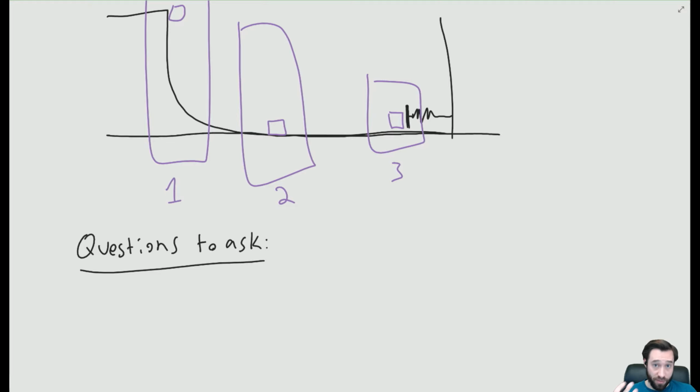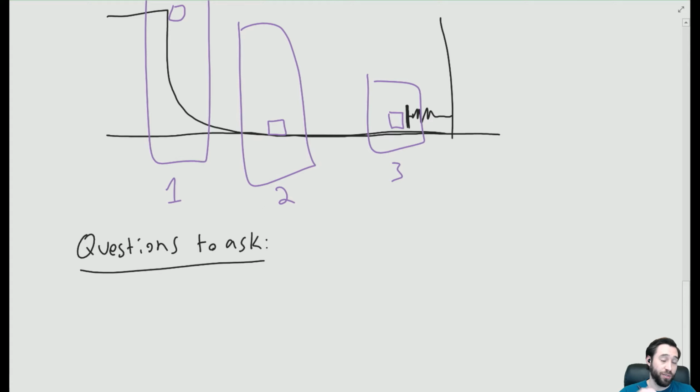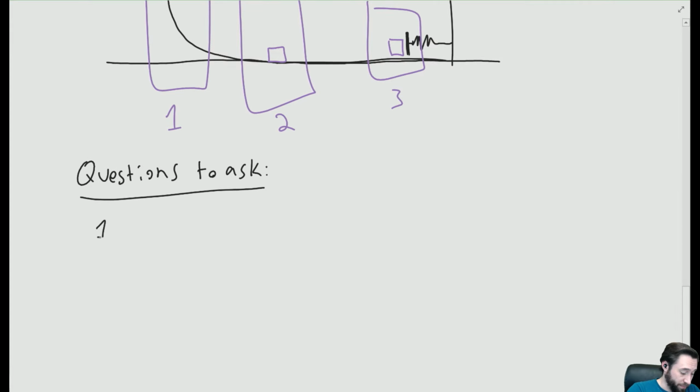Just as a disclaimer, there's only going to be one type of energy present at each one of these states. Okay, so only one. You're only going to answer yes to one of the 3 questions for each one of these states, and it's going to be different.